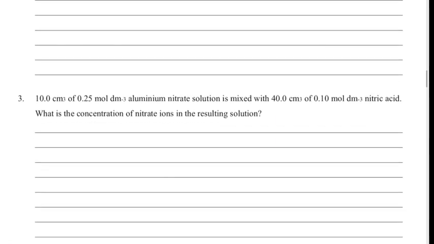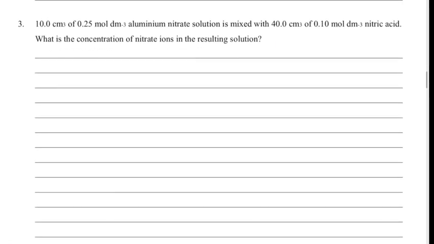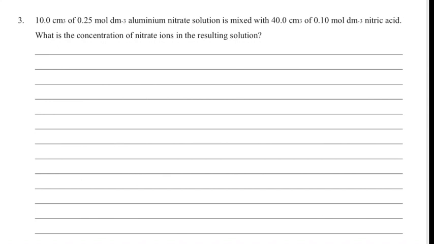Then let's move to the next question in this section. Here we got 10 cm³ of 0.25 molar aluminium nitrate solution, mixed with 40 cm³ of 0.1 molar nitric acid.